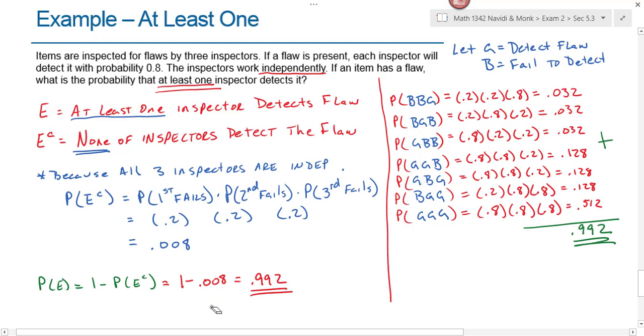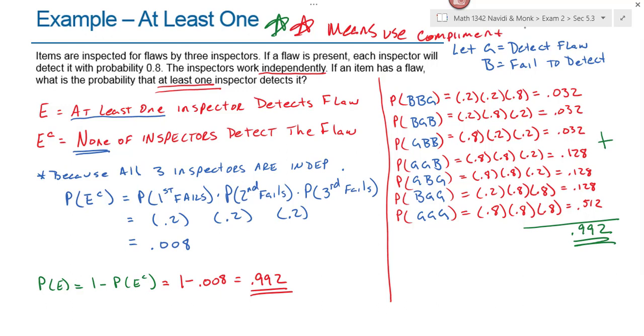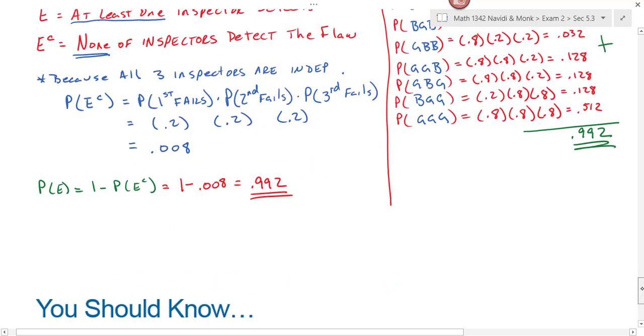On your formula sheet, I need you to make a note that if you see the words at least one, it means use the complement. If you read the words at least one on a homework question or on a test, your mind should immediately think use the complement. What I have written in green here is the formula for finding a probability with the complement. Any other questions about anything?